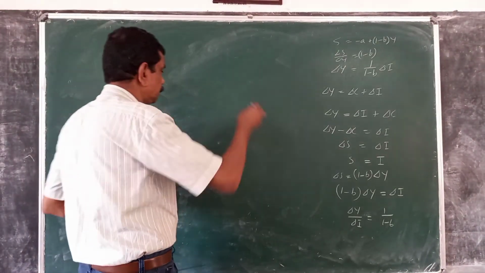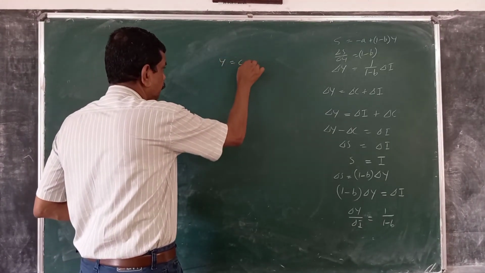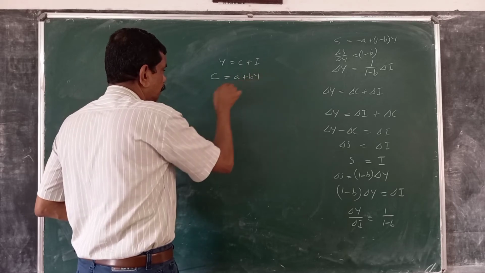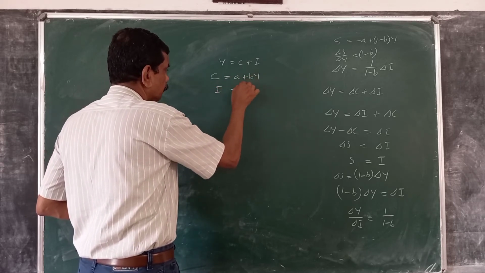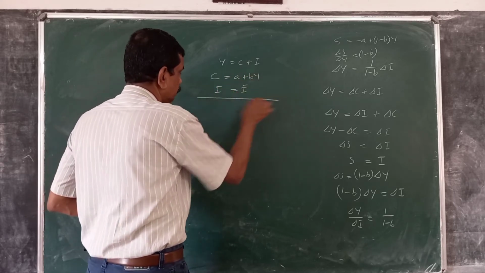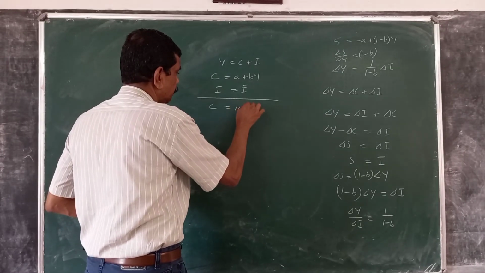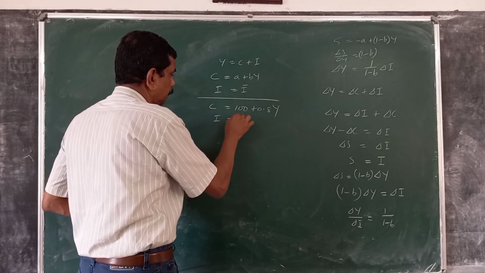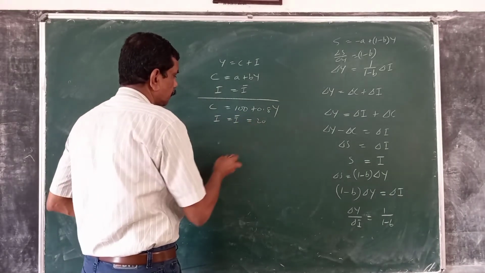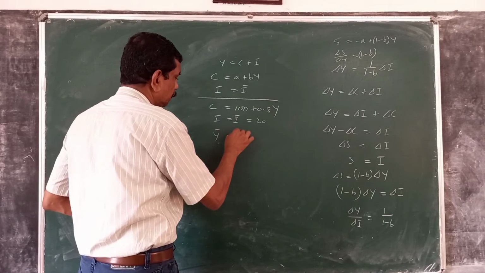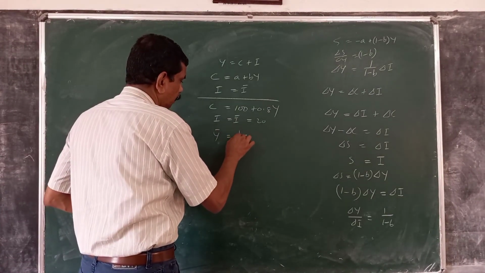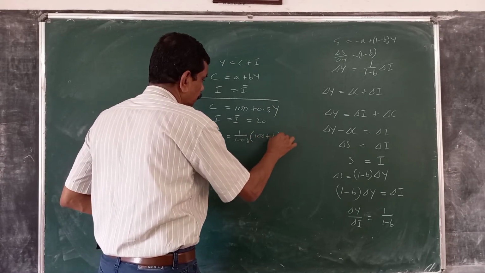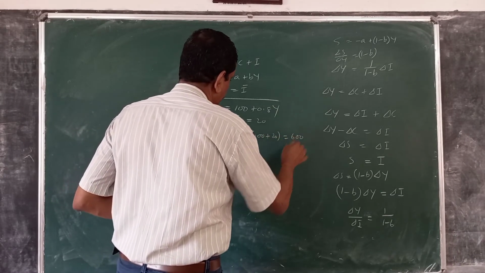We have considered y is equal to c plus I, c is equal to a plus b y, I is equal to I bar. And I write c as equal to 100 plus 0.8 y, I is equal to I bar is equal to 20. So, the equilibrium level of income is 1 by 1 minus 0.8 into 100 plus 20, which is equal to 600.